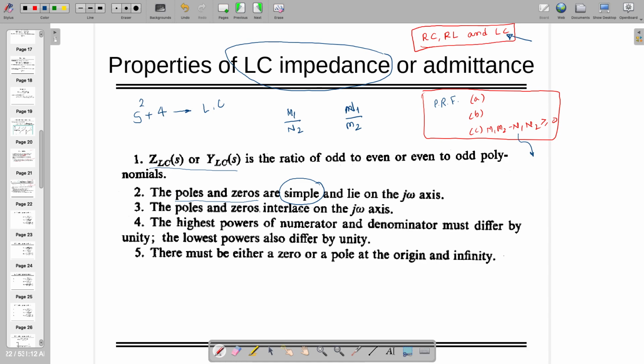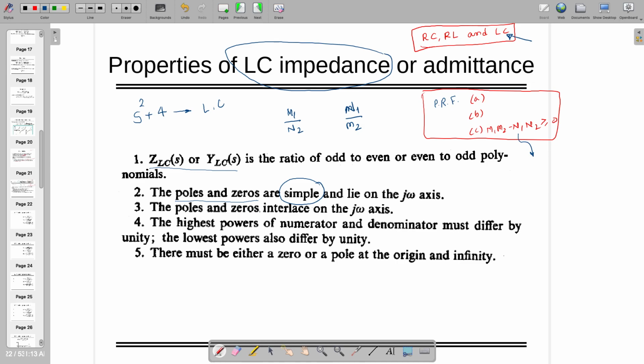So that's why it's very important to have these poles and zeros simple. If they are not simple and if there is a real part, means there is a resistance. Somewhere you need to keep resistance, and in shunt with that resistance you can have capacitor, or maybe in series you will have capacitor, depending on what kind of function it is, whether it is impedance or admittance. Are you following this, right?